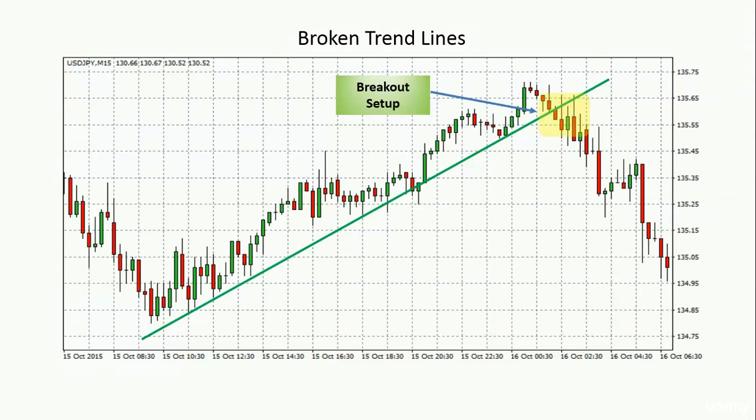There were several attempts to go back above the bull trend line, but all failed. And eventually, the buyers gave up, while sellers became confident that the market is about to reverse the trend, so they sold heavily, as you can see, sending the price down just after the trend line was broken.